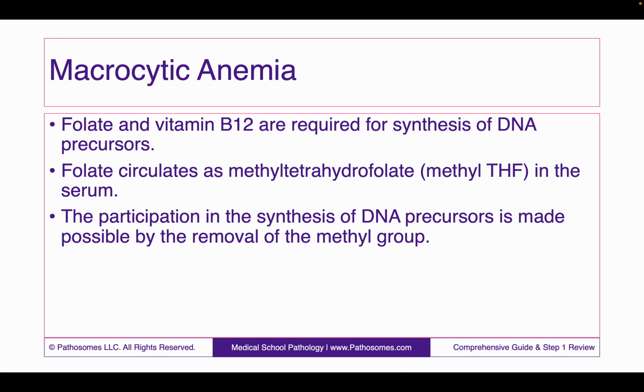Folate and vitamin B12 are required for synthesis of DNA precursors. Folate circulates as methyltetrahydrofolate in the serum. The participation in the synthesis of DNA precursors is made possible by the removal of the methyl group.